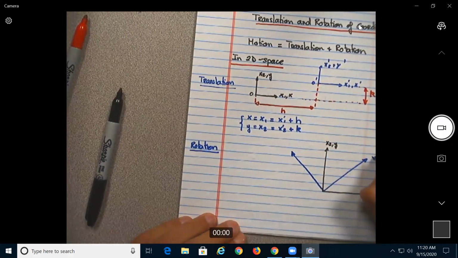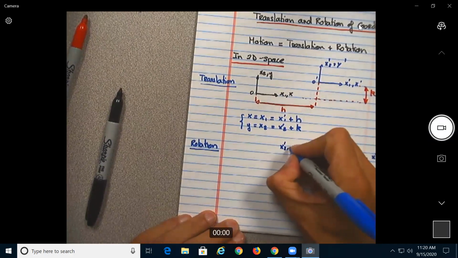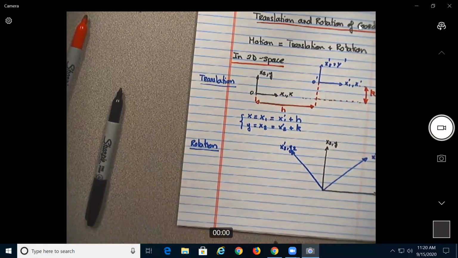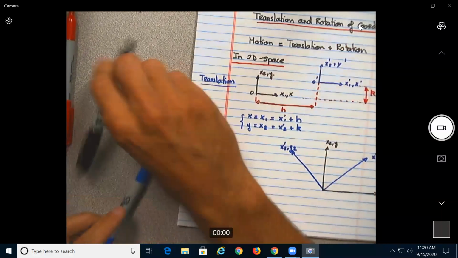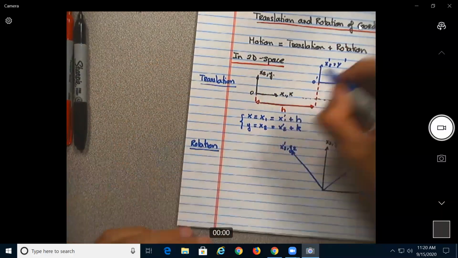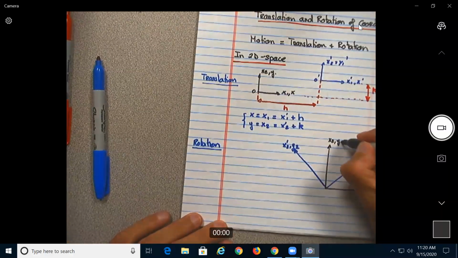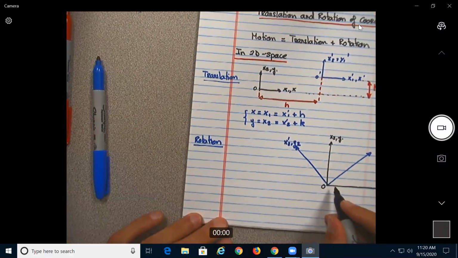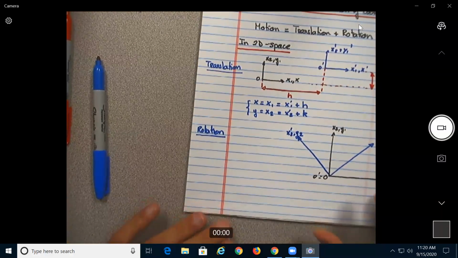Let's say this will be x prime 1, and this will be x prime 2. It's fine, this will be 1, it shouldn't matter, just for consistency. And here we have the point O. Joining this point, we have O prime equal to O, because they both rotate about the same point.